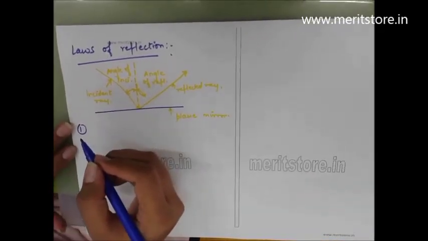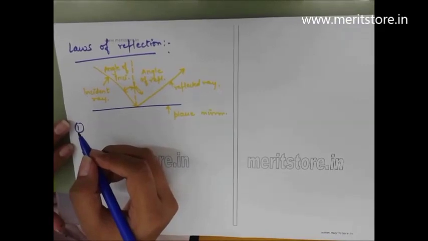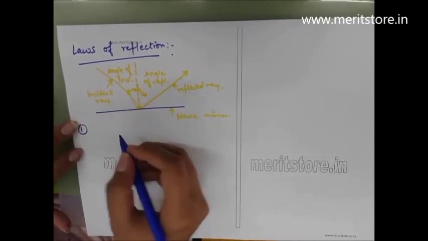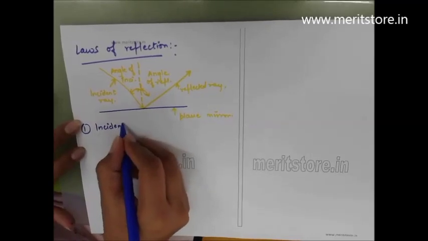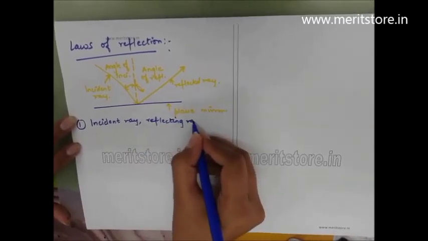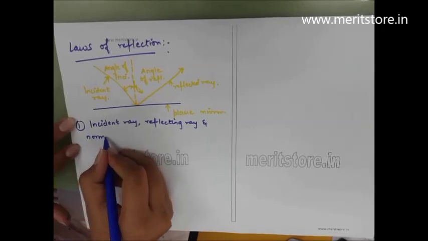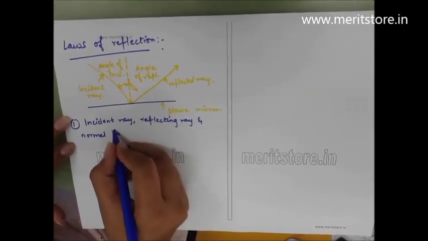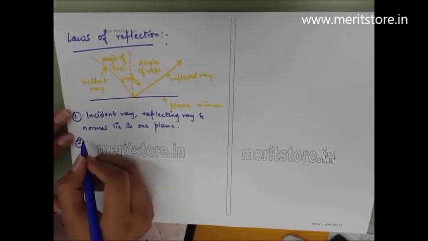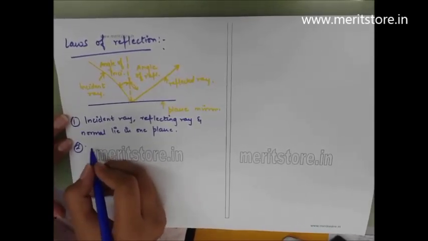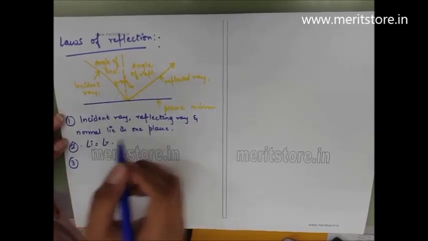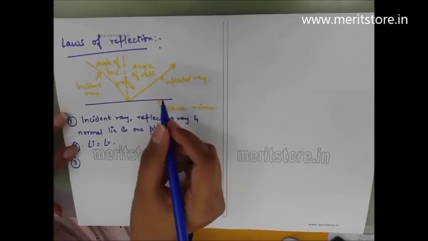First thing, the incident ray, the reflected ray and the normal to the reflecting surface at the point of incidence all lie in one plane, and that plane is perpendicular to the reflecting surface. Second point, the angle of incidence is equal to the angle of reflection. This signifies angle of incidence is equal to the angle of reflection.